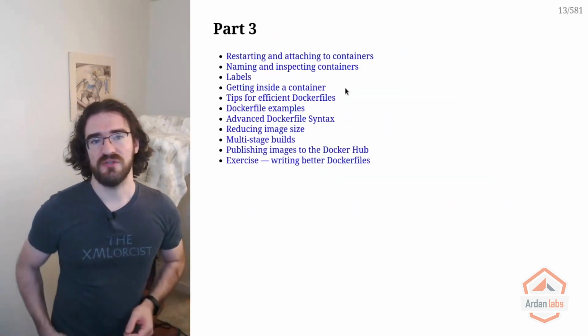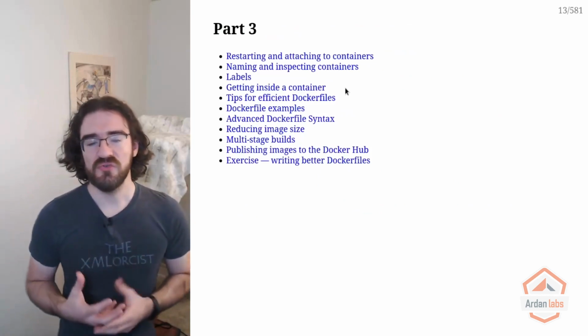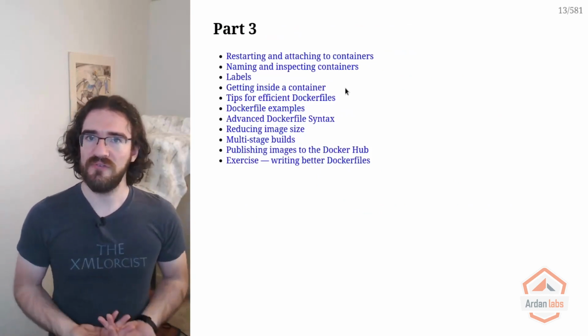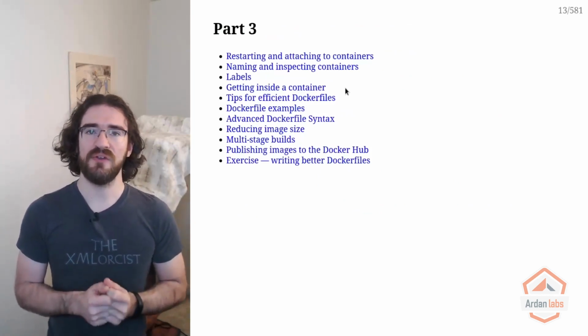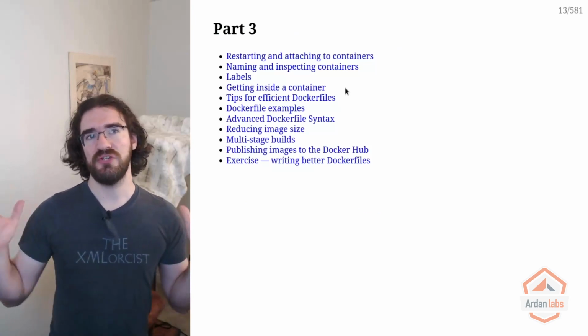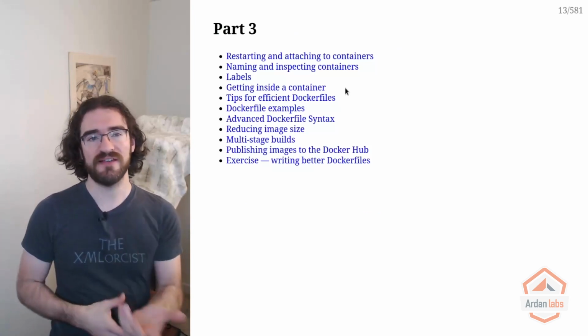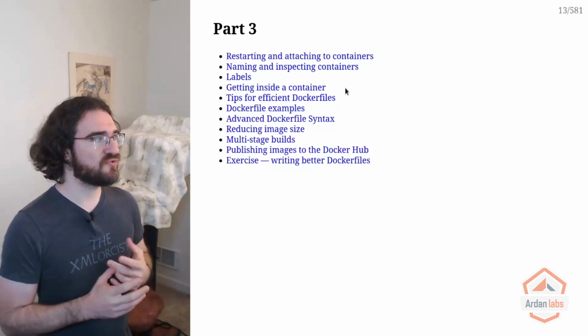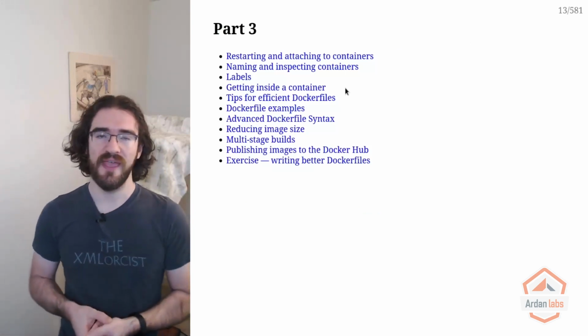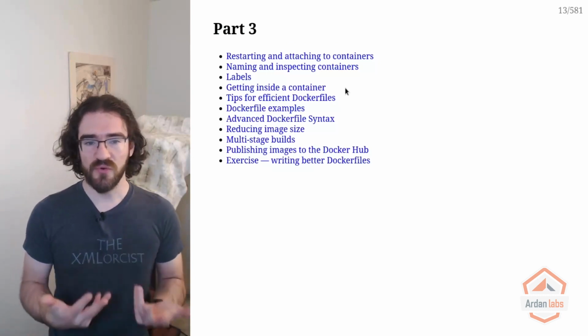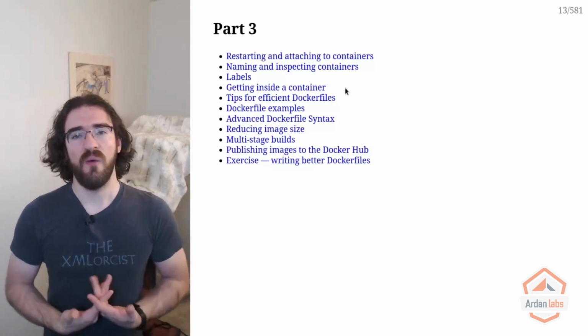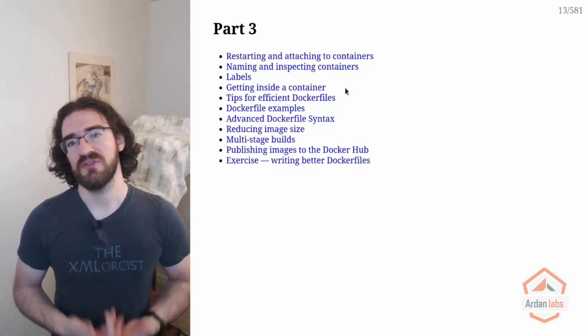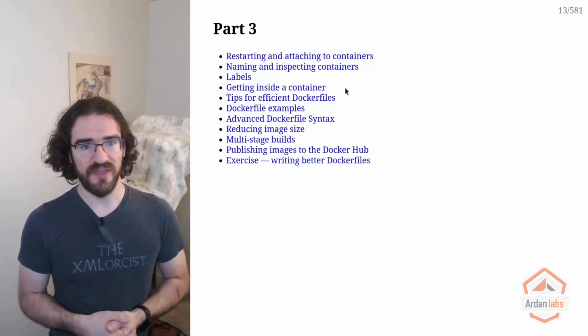We are going to see how to write better Dockerfiles, how to optimize our images, how to achieve smaller images and faster builds. We are also going to talk about how to troubleshoot containers. So when something goes wrong, when there is a problem in a container, what kind of tools do we have to find out what's going on?